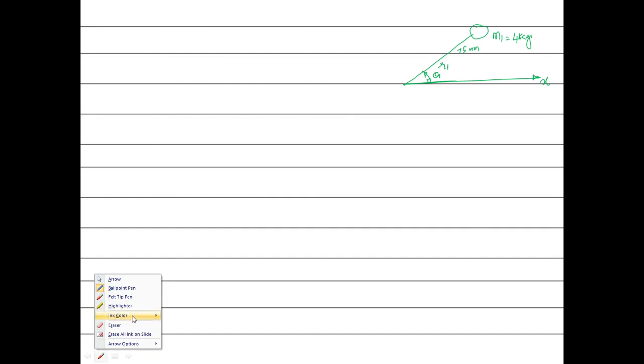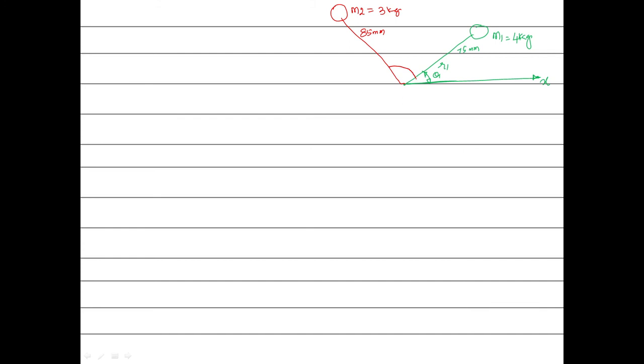Next, second is M2, which has a 135-degree orientation. M2 is 3 kg and the radius is 85 mm. Next one is 2.5 kg, which has an orientation angle of 240 degrees.